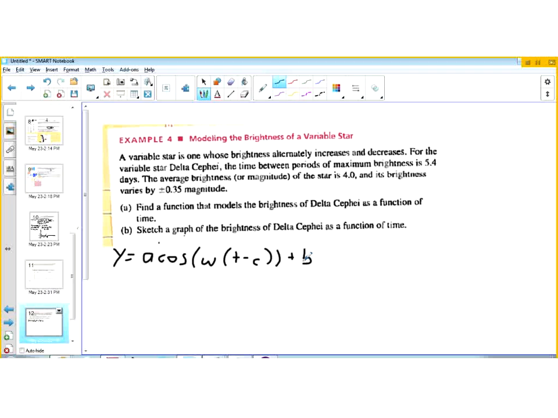Okay, and in this case, the amplitude is a maximum variation from the average brightness. Okay, so the amplitude, let me write this down. Amplitude is maximum variation from average brightness.